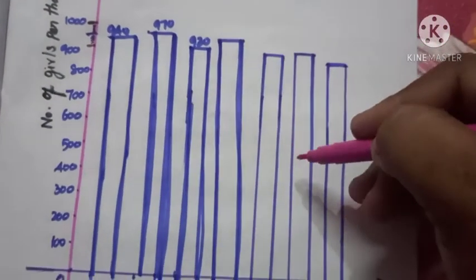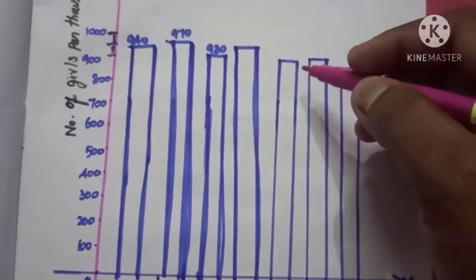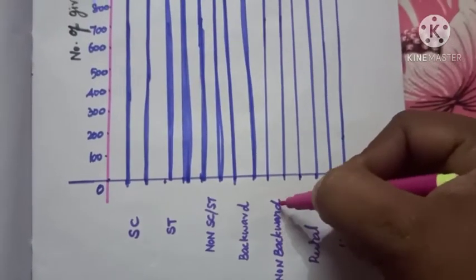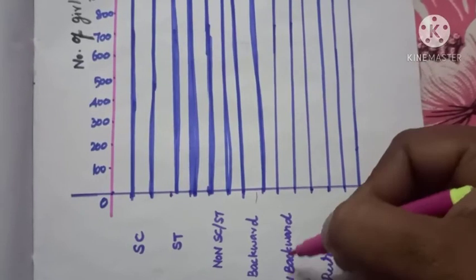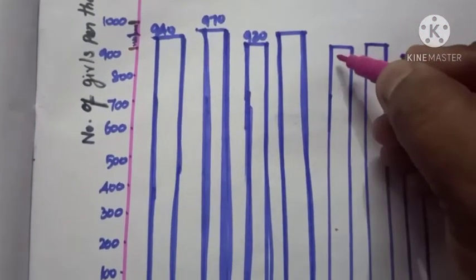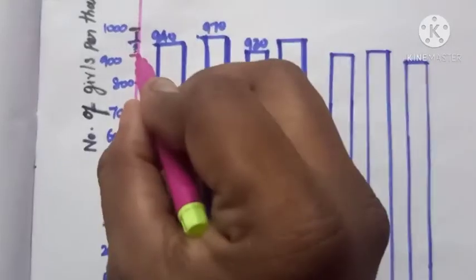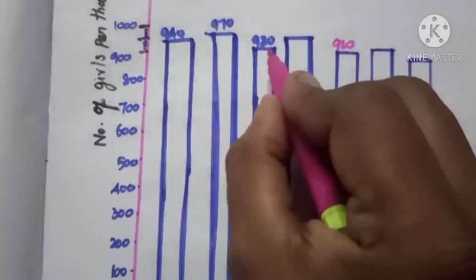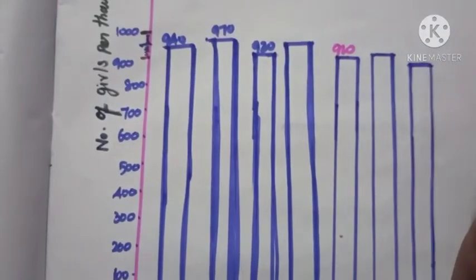Likewise, by using a scale you can join. Next, non-backward. Backward we finished. Non-backward: how much do we need to take? 920. So you see accurately it becomes 910, 920. So it is 920. Already 920 is there, so it is equal to 920.